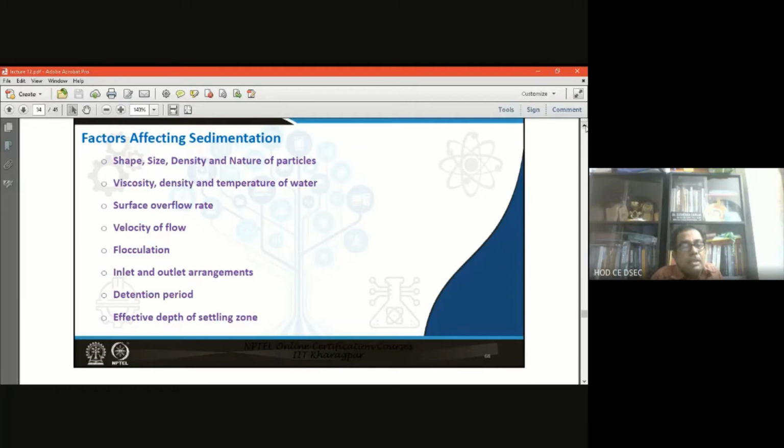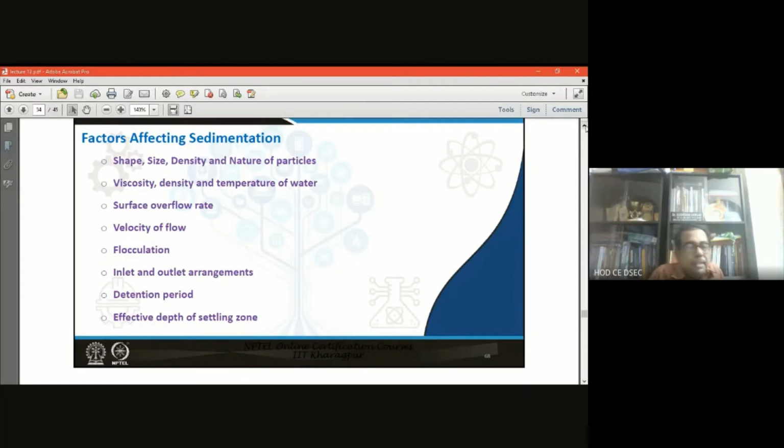The two velocities are in different directions, that you must understand. Then flocculation, because of the tendency of the particles to make a floc and then settle. Inlet and outlet arrangements: water enters the system, and after the settlement it goes to the outlet. So the inlet and outlet arrangement has to be taken care of.